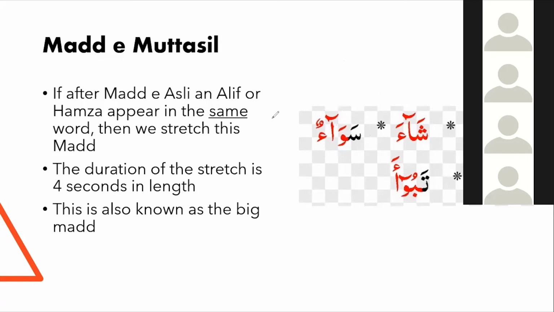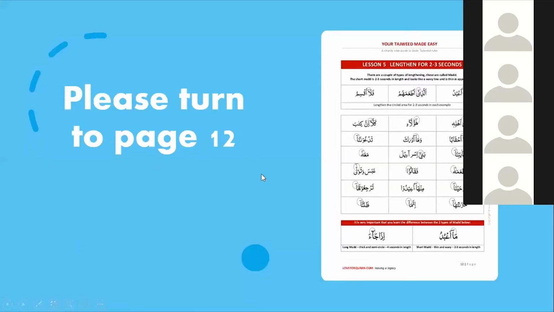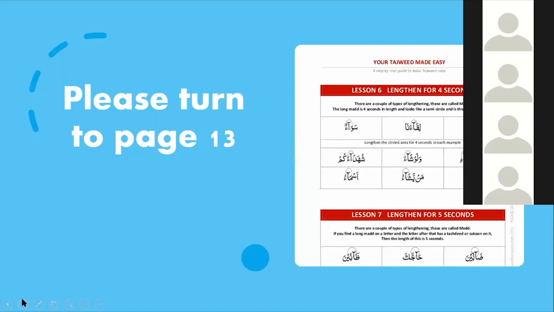So I'll put you guys into your breakout rooms. Are you guys okay for time? Fantastic. If you turn to lesson 5, which is on page 12, and there's a follow-on page straight after, page 13.